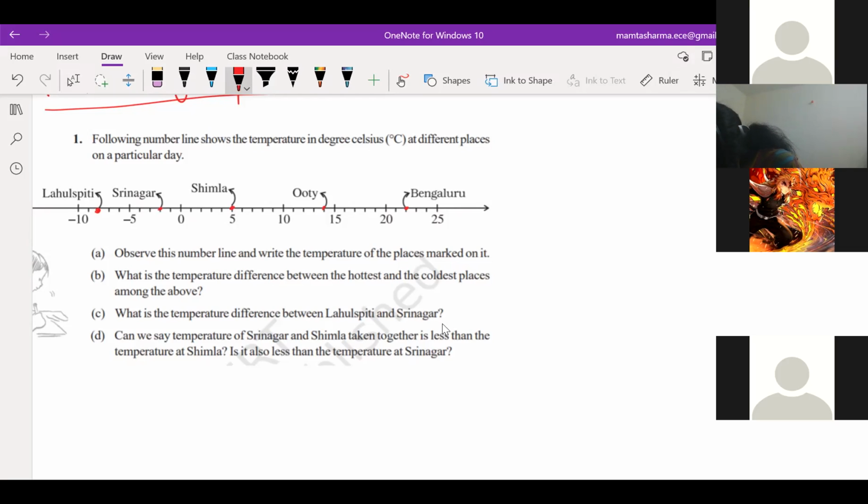Shimla temperature is 5 degrees centigrade. Not -5, it is +5.